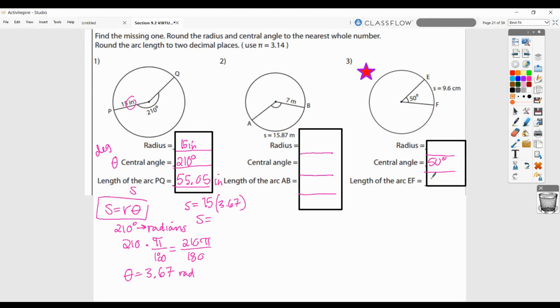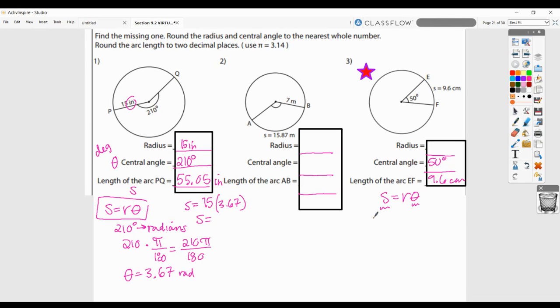You're given the arc length, which is 9.6. You need to find the radius. So you're going to convert this angle measurement into radians first, and it's going to go right here. You know the length of the arc, and you're solving for the radius.